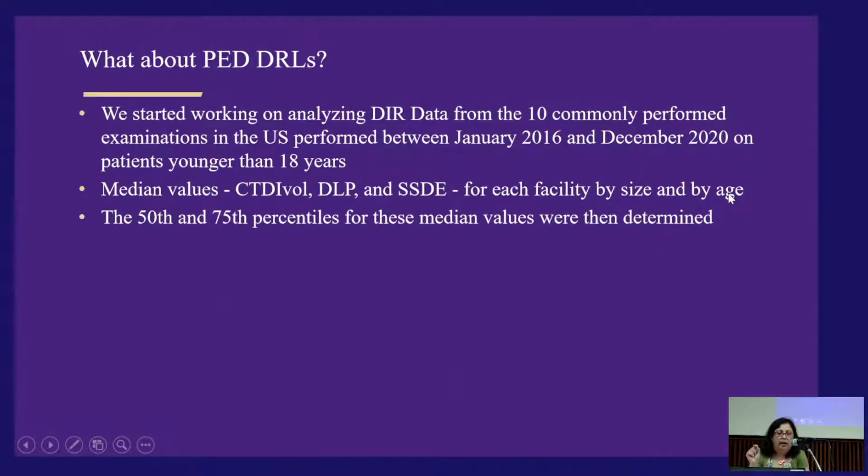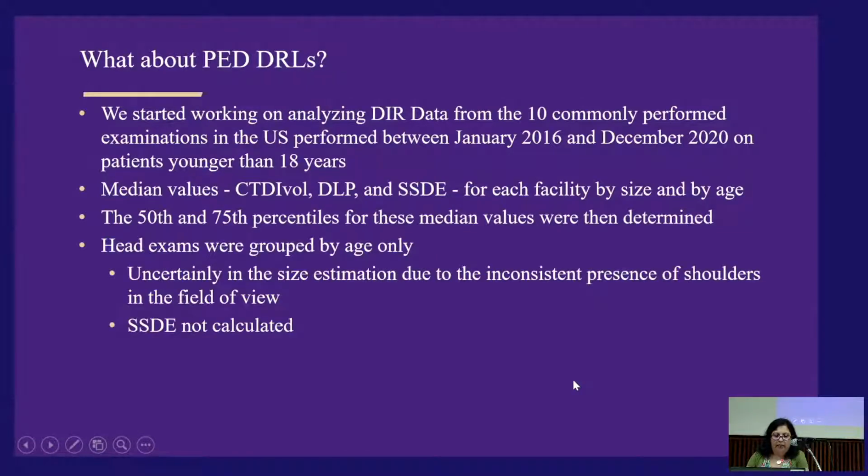Because in the US, most pediatric hospitals base their protocols on age. Some base it on size, but most of them base it on age. So we thought it would be important to give the data of DRLs in both ways, age as well as size. And same thing, we did the achievable dose and DRLs were calculated.